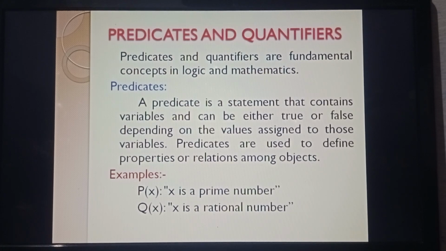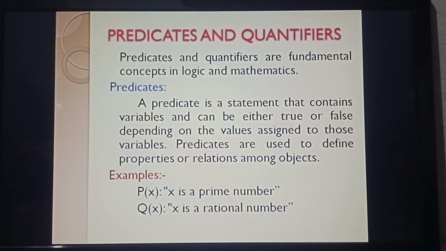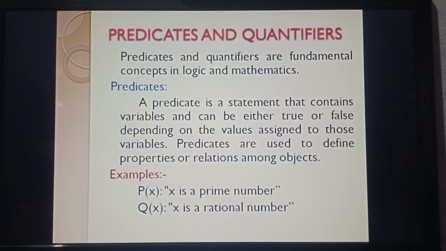Predicates are used to define properties or relations among objects. For example, X is a number is a statement, but X is a prime number is a predicate. Ravi is a boy is a statement, but Ravi is a good boy is a predicate.